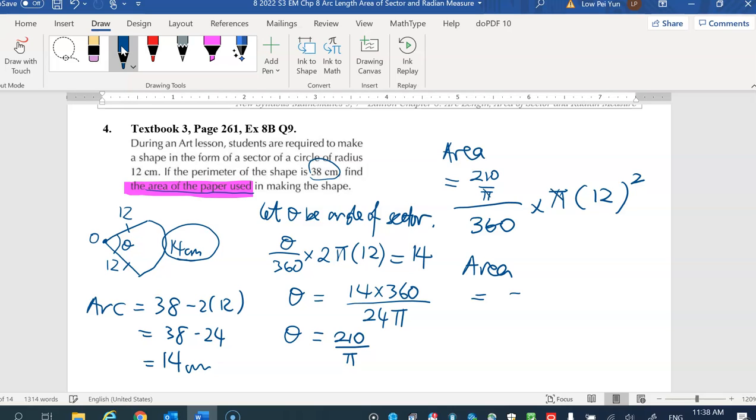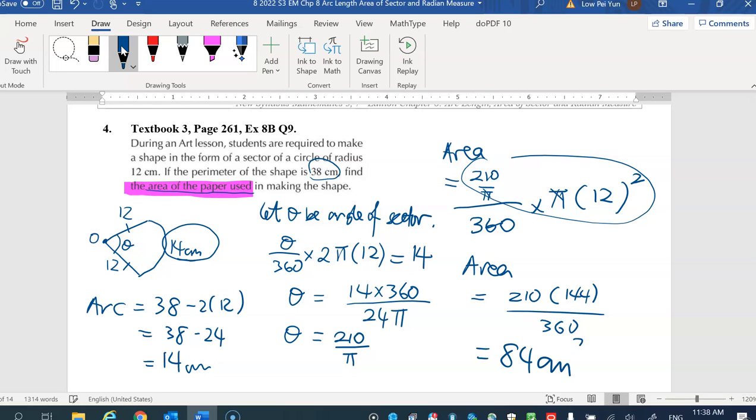So basically you have 210 times 144 over 360. After you compute in your calculator, you should be getting 84 cm squared.